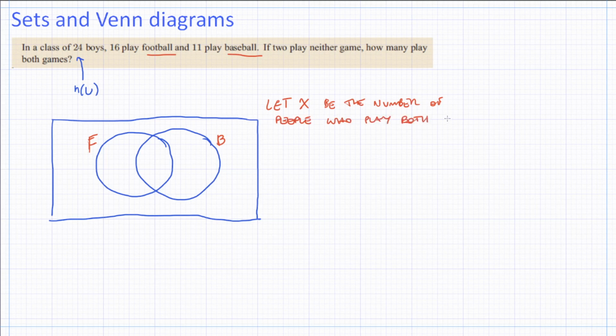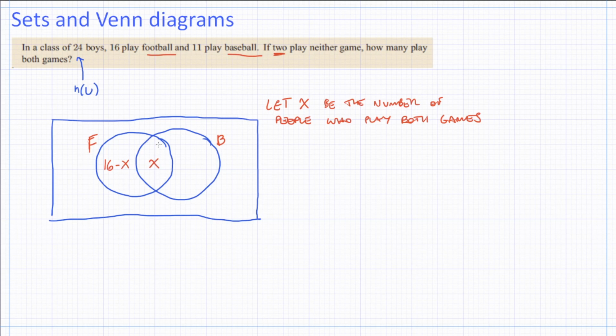Because that's what we don't know, isn't it? We know how many people we have, we know how many play football, how many play baseball, and how many play neither. So if X is the number of people who play both games, this intersection is X. The number of people who play only football is 16 minus whatever, right? How many people play both.